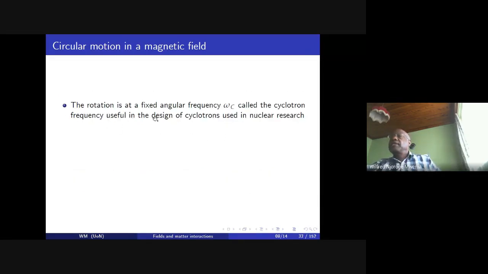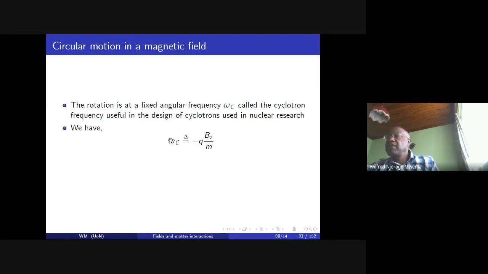So the rotation is at a fixed angular velocity omega_c, called the cyclotron frequency, and this is useful when you are designing cyclotrons in nuclear research. Cyclotrons are used to accelerate charged particles, such as the Large Hadron Collider in Switzerland or somewhere like that, when you are trying to study nuclear particles.